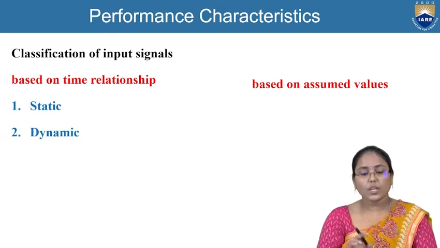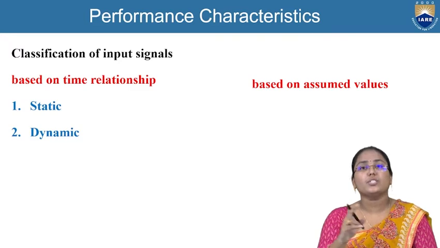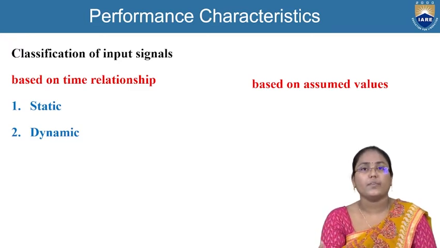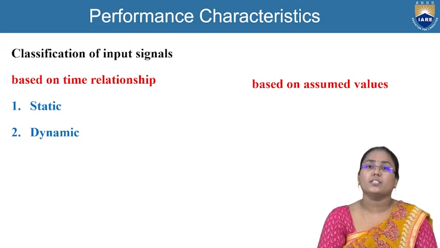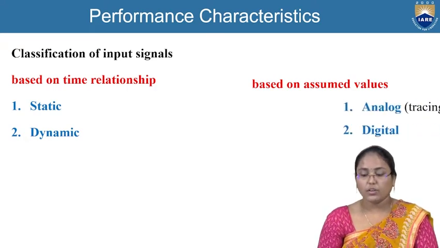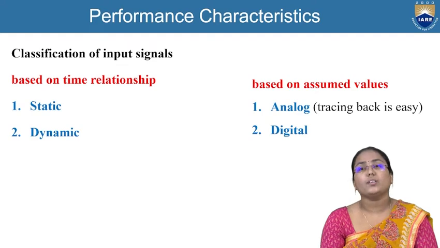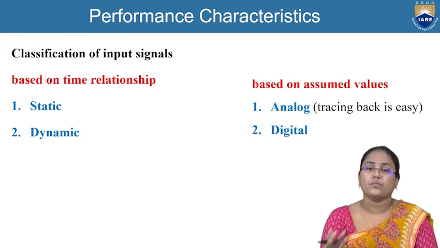Based on time relationship, the input signals are classified as either a static signal or a dynamic signal. Based on the assumed values, it is either an analog signal or a digital signal. In an analog signal, tracing back is easier.